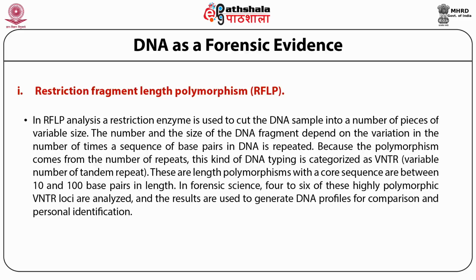In one person, this sequence may be repeated a given number of times on a given chromosome, while in another person it may repeat 10 times. In forensic science, 4 to 6 of these highly polymorphic VNTR loci are analyzed. The results are used to generate DNA profiles for comparison and personal identification.